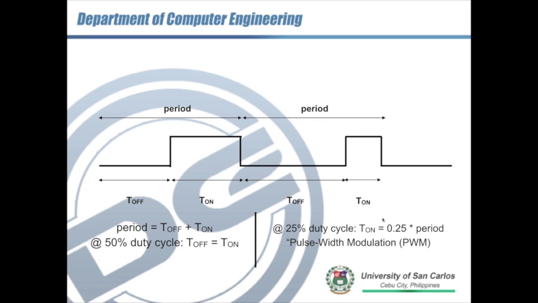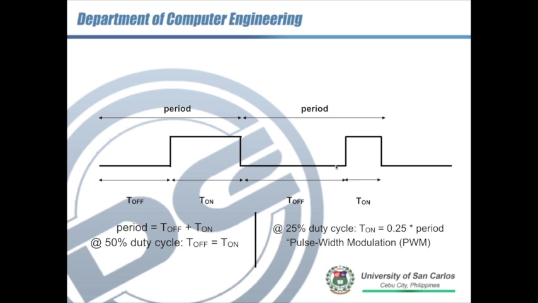So we call the duty cycle 25% because it's 0.25 times the period. That gives us the time where the signal is high. So it's less than 50%. If you notice, T off is much longer than T on. Therefore, the pulse has been modulated in this case.